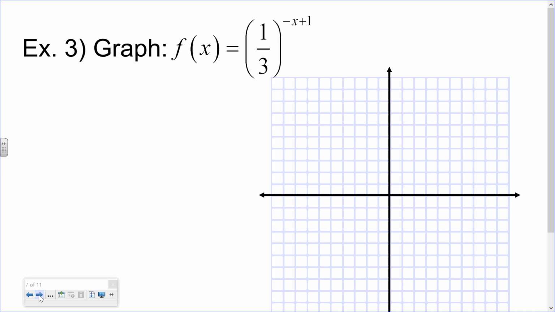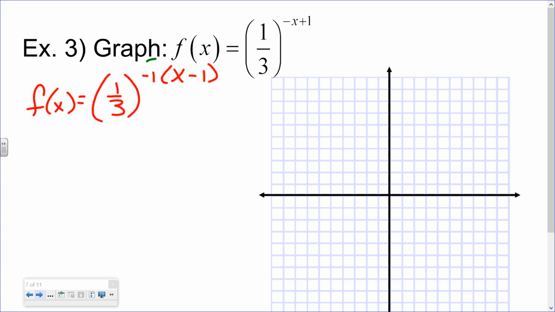So this one, you're probably going to have a pretty good idea from what we just did as far as what you need to do to that. You need to think of this one as f of x equals (1/3)^(-1)... And what do I have left if I factor out the -1? x, what? -1. And then we are going to regroup.